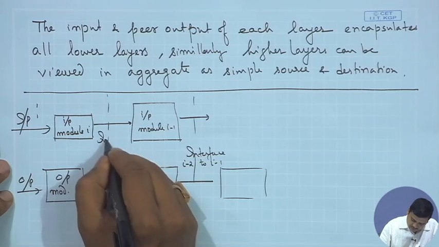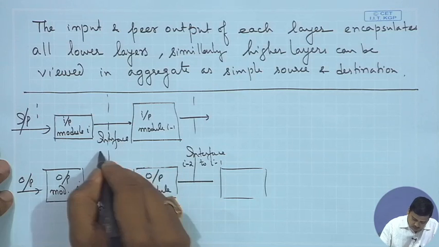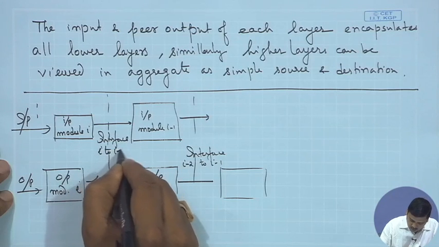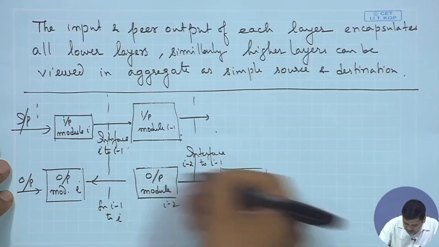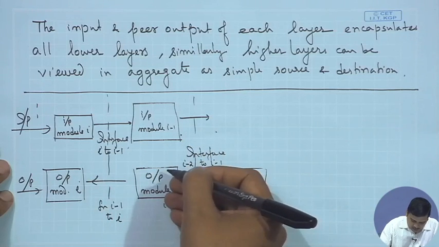So this is the interface of I to I minus 1, I minus 1 to I minus 2. This side it is I minus 2 to I minus 1, right.